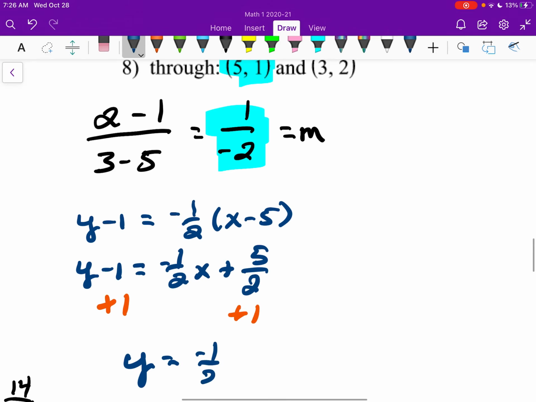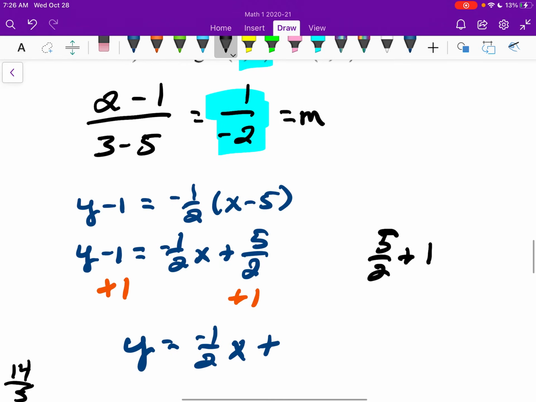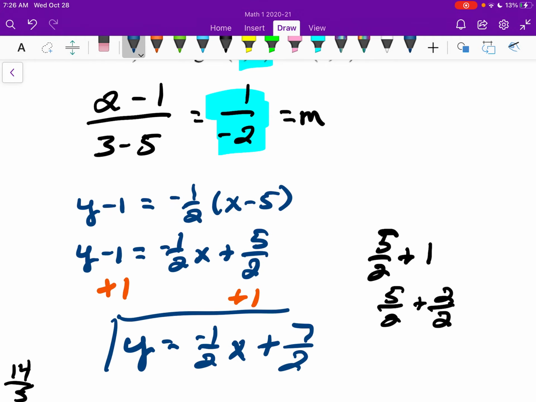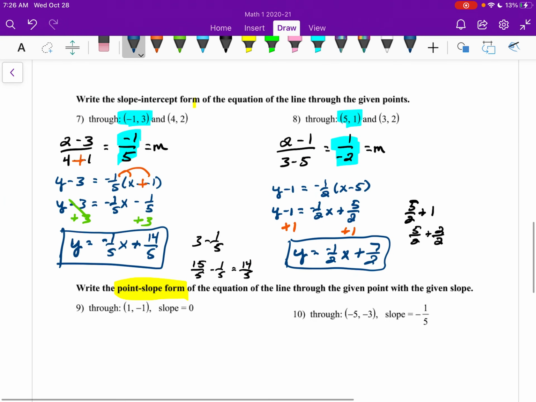Y equals negative 1/2 x plus, well, I've got 5/2 plus 1. Well, that's the same thing as 5/2 plus 2 over 2, which is 7 over 2. There we are. All right, there's our answers to number 7 and 8.